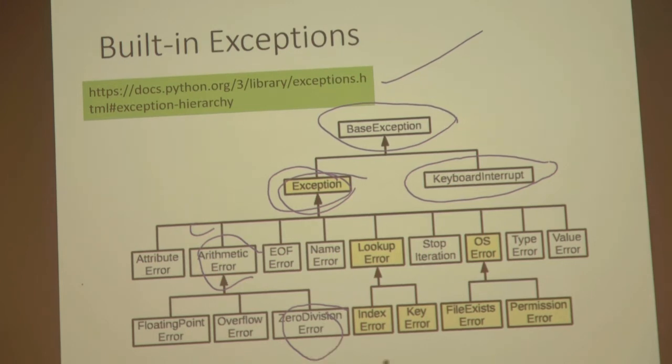Under OS error, you could have file exists error or permission error. The file is not writable. You try to write and the file is not writable, so you have to raise an exception. You have to look for all the exceptions. To look at all the built-in exceptions in Python, I provided you the link there. You go there, and I'll show it to you in a second.